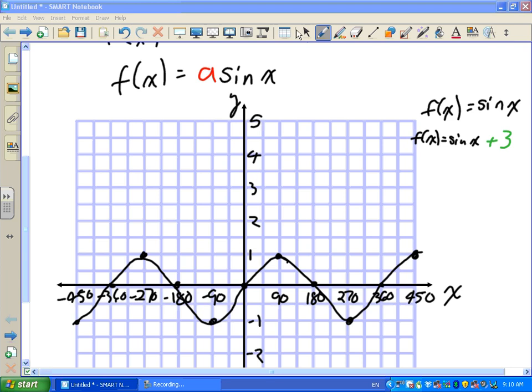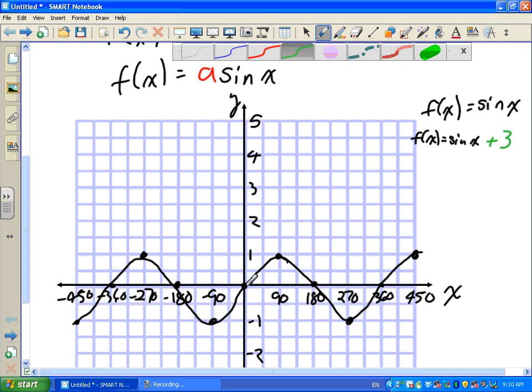So as long as we can draw our normal one, what we have right here, I take all of those major points, and I'm just going to shift them up 3 because we're a positive 3 along the y-axis. So when I'm at 0, normally, that's going to go up to 3. 90 is at 1. Well, I move that up 3. I'm going to be at 4. Why did the graph go like that? Oh, because that's not 3. There's 3. Sorry. Guys, you guys stay on me there. Jeez.